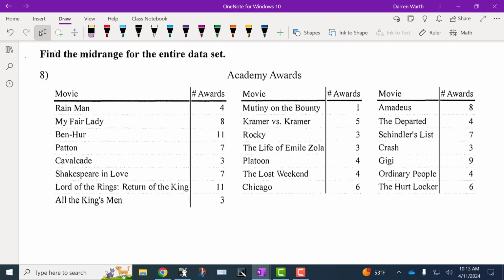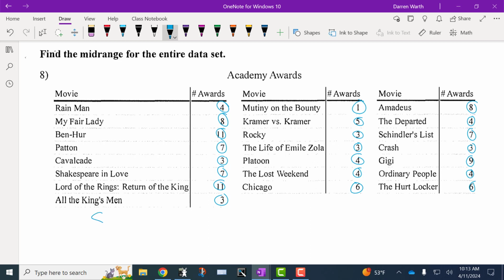So looking over my data right here, I've got 4, 8, 11, 7, 3, 7, 11, 3. Got 1, I've got 5, 3, 3, 4, 6, 4, got 8, 4, 7, 3, 9, 4, and 6. So remember your formula for the mid-range.